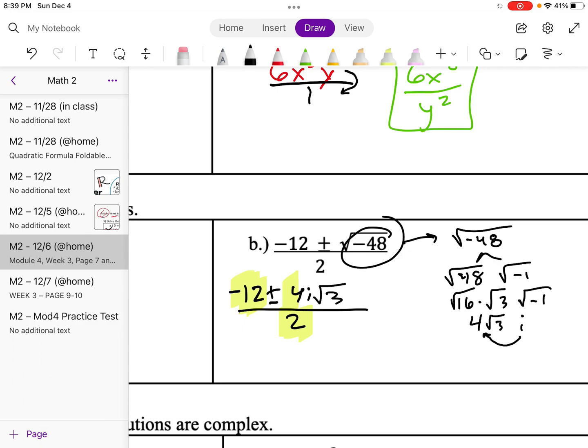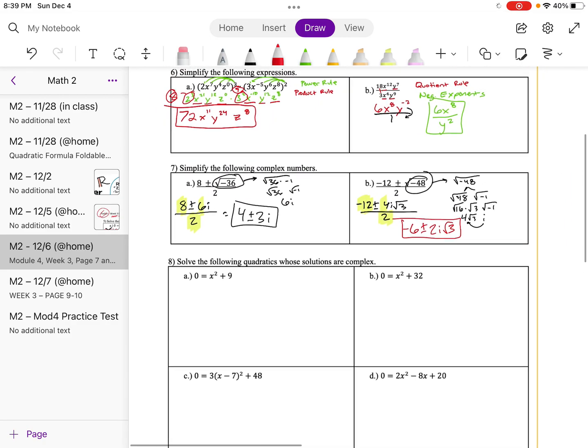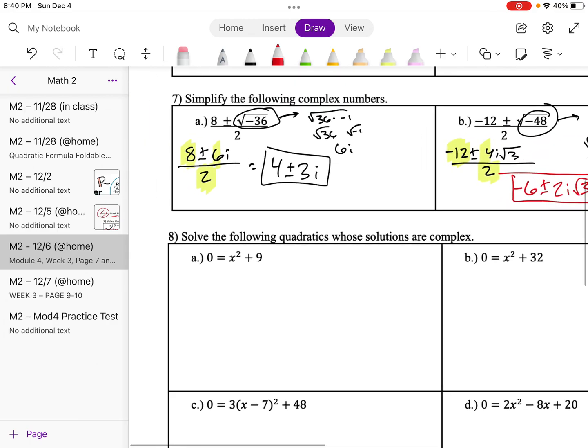For whatever is divisible by the denominator, so this piece and this piece. Just a reminder, you don't have to simplify what's inside the radical with the denominator. So this becomes negative 6 plus or minus 2i radical 3. And that is done.